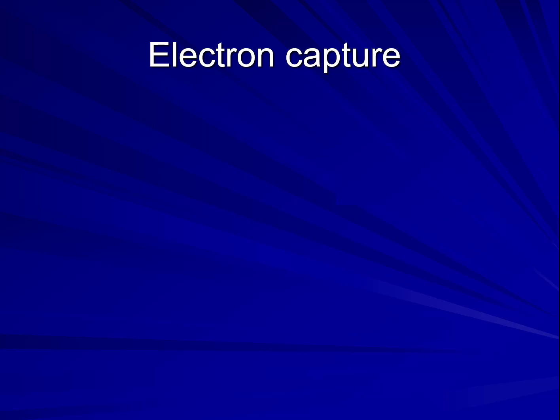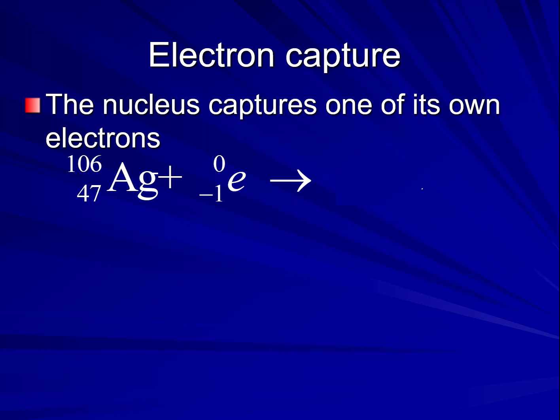And what's going to capture the electron? What part of its atom? What part of its nucleus? Which one's going to be attracted to the electron? Proton. So the proton's going to get hit by an electron and make a neutron.